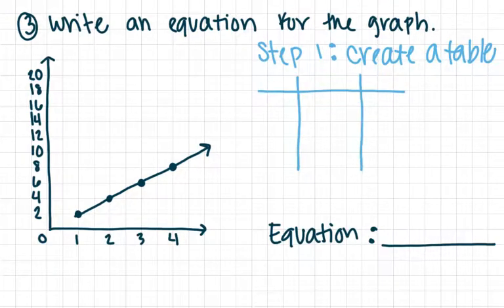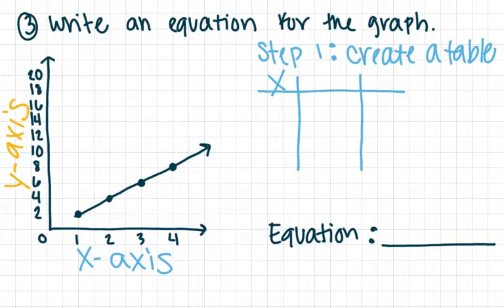So this time, though, my table should be really easy to make because all I'm doing is pulling that information off the graph. Remember that these down here are your x values, your x's on your x-axis. And over here, this is your y-axis, so these are your y values. My first point is over 1, and then it's up 2. So I'm writing my x's and my y's here.